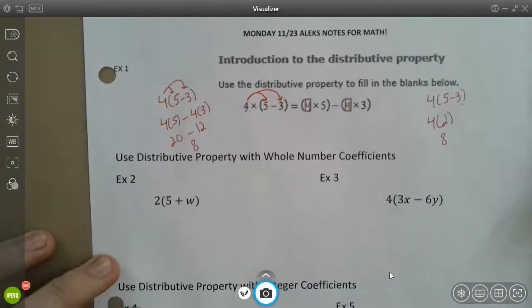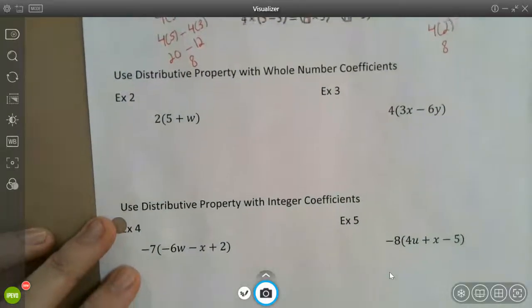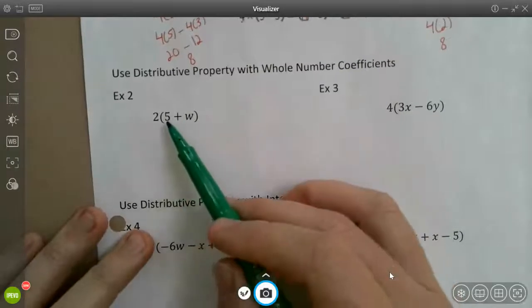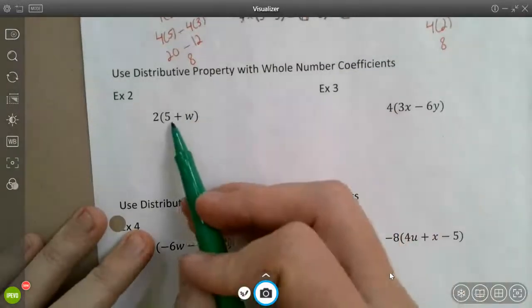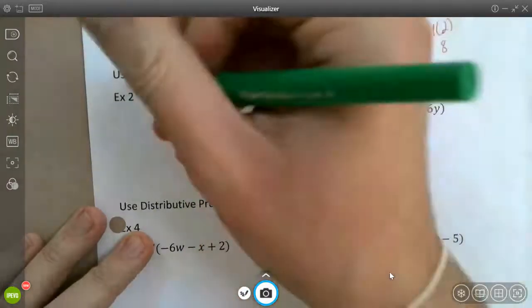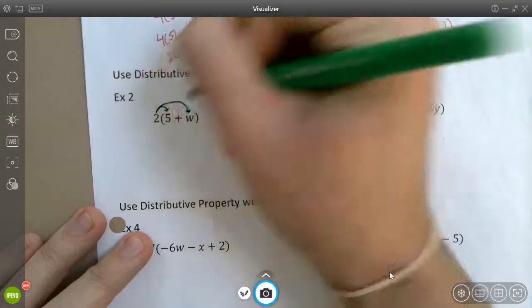We're going to show you guys some problems where we would use the distributive property, or expanded form, the way of kind of putting it. So here we have 2 times 5 plus w. Notice how we cannot add those because those are not like terms. But what you can do is multiply.